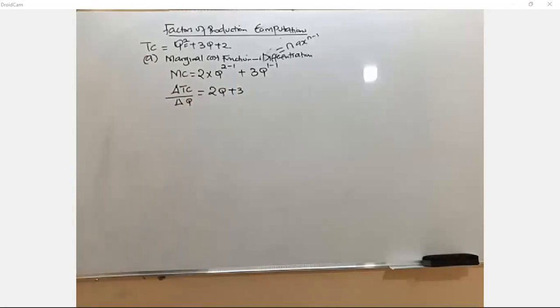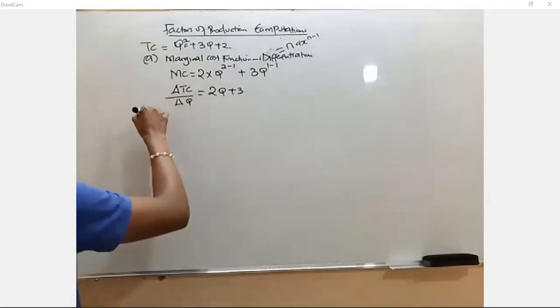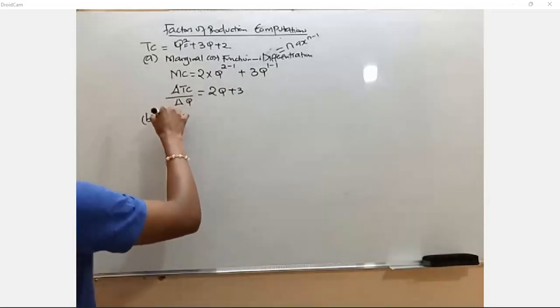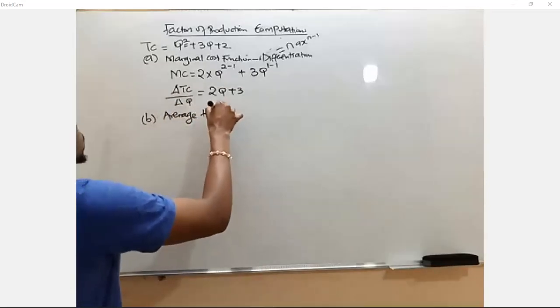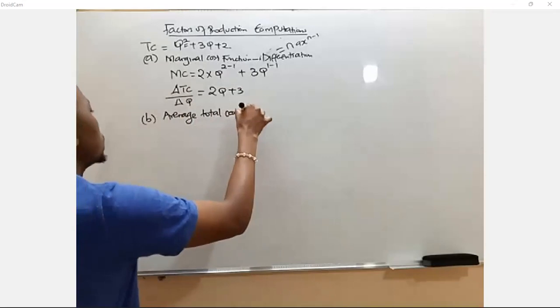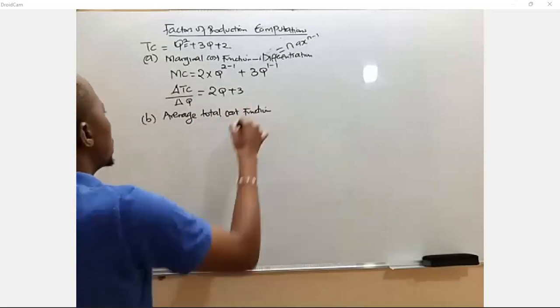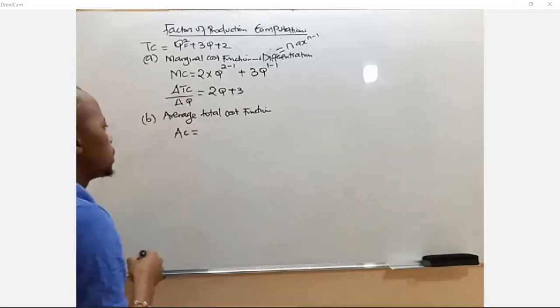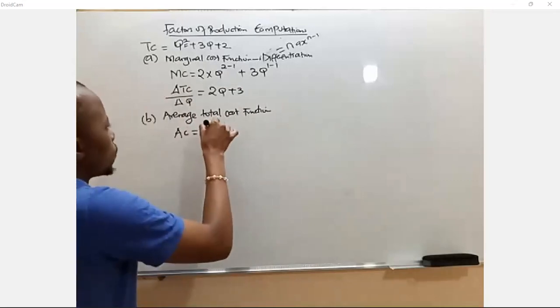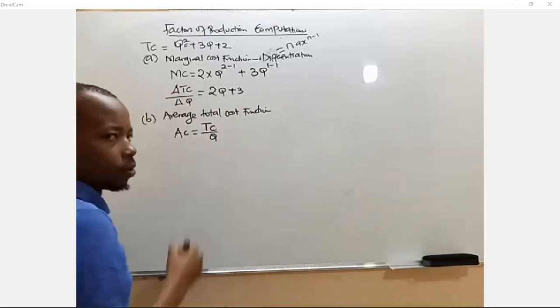That is the answer. Now, number 2, an examiner might be asking us to compute the average total cost function. That is our B, asking about the average total cost function. So to get the average cost function, we take the total cost function and divide by the quantity.